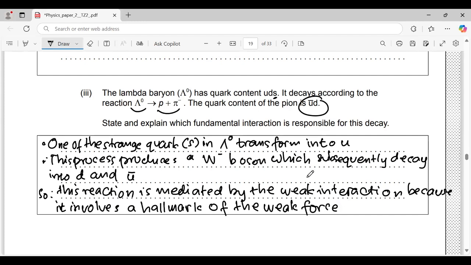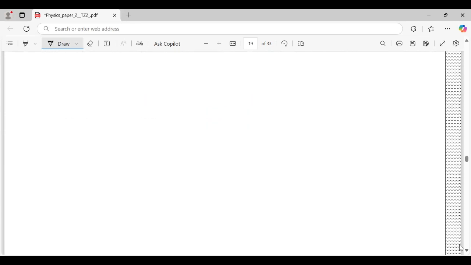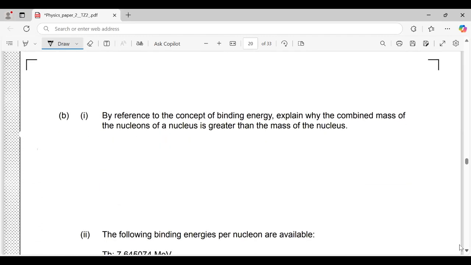So the weak force implicates that this reaction is actually mediated by the weak interaction. Okay, I have explained about the weak interaction and the weak force.